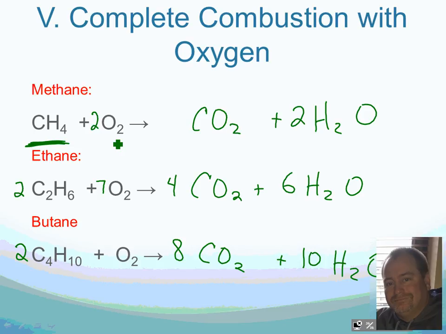Now, do I have even numbers of oxygens? 8 times 2 is 16, plus 10 is 26. Can I put a 13 there? Absolutely I can. Can I reduce any of my coefficients? No. So do I have a balanced equation now? Ladies and gentlemen, that is all combustion reactions are.